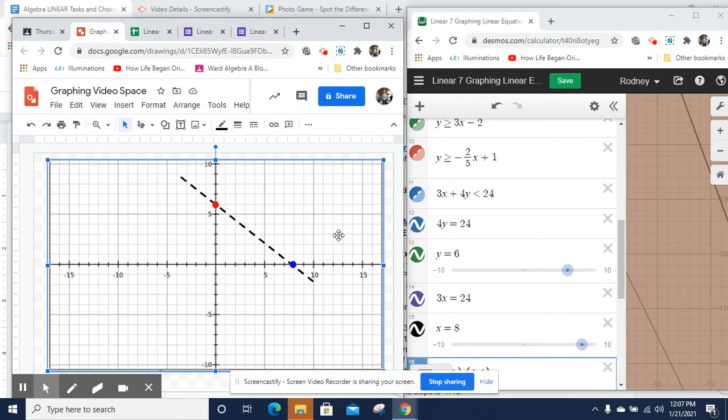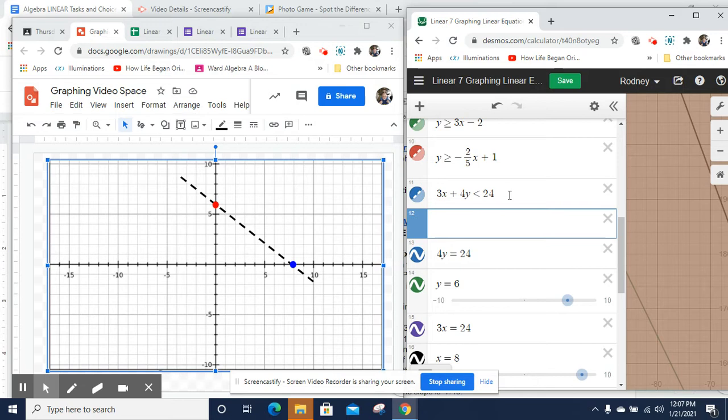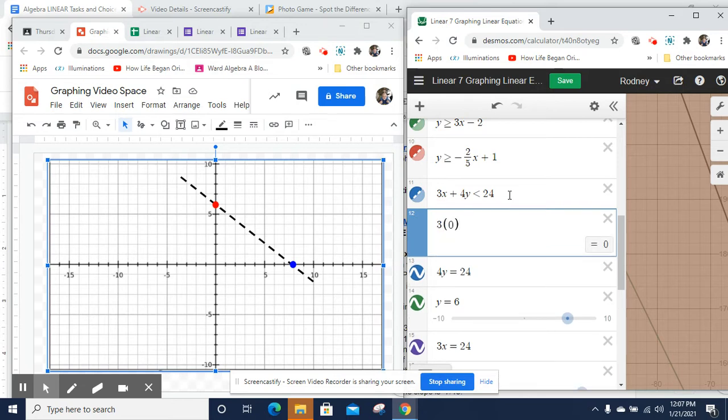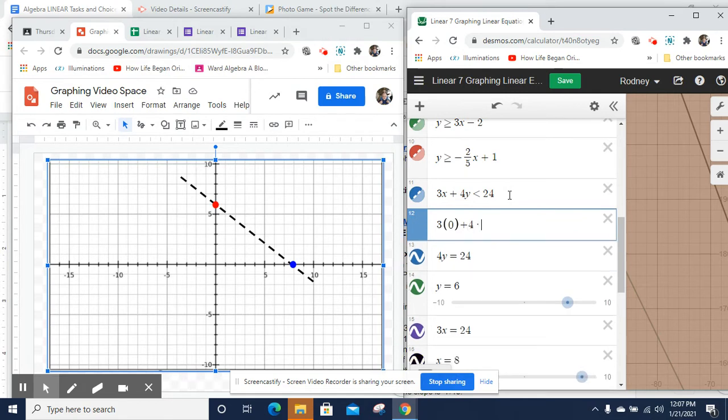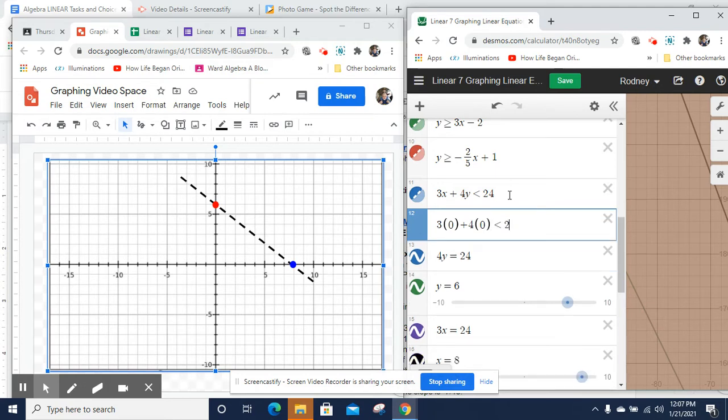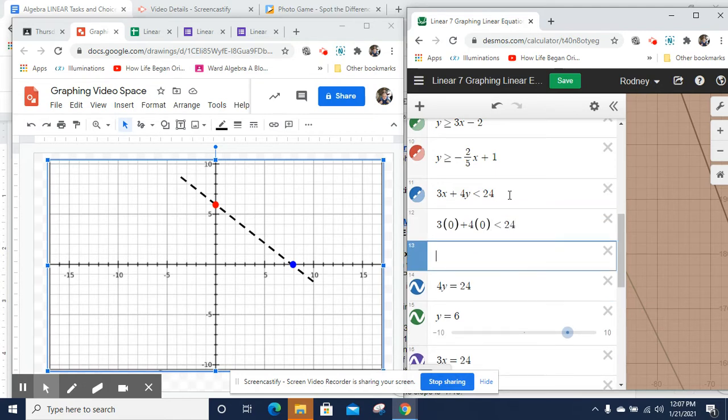So we look at all the points we could test. We could pick any point here to figure out if it makes the inequality true. And unless 0, 0 is a point on the boundary line, I'm always going to pick 0, 0 because I try to make my math easy. If I do 3 times 0 for x is 0 plus 4 times y is 0, since x and y are 0 at the origin, is less than 24, that becomes 0 is less than 24.